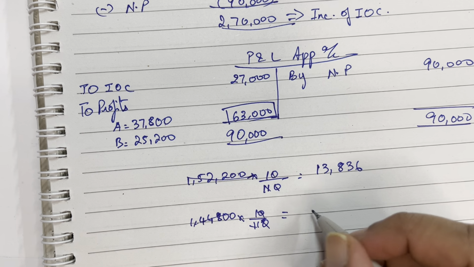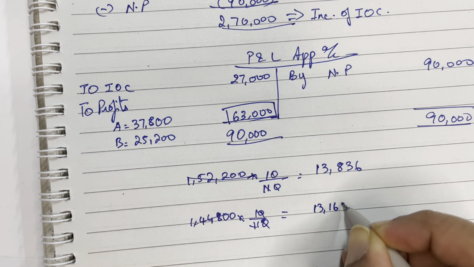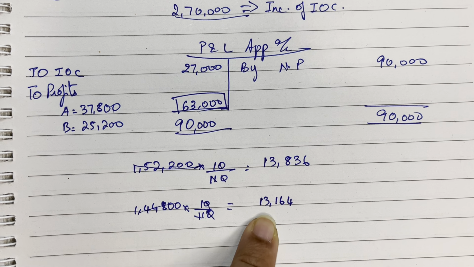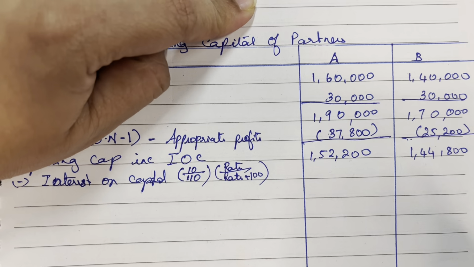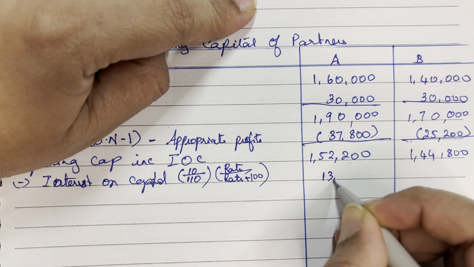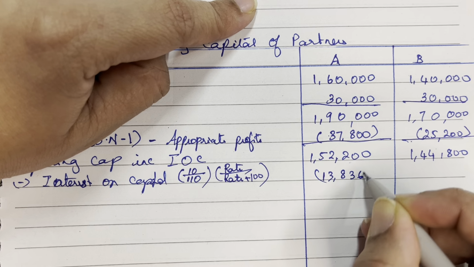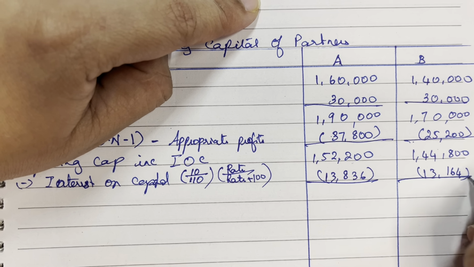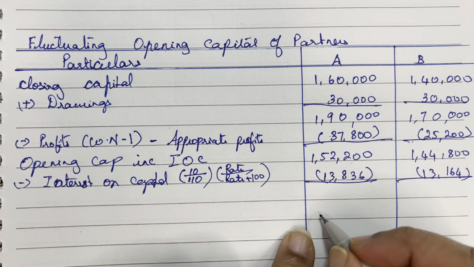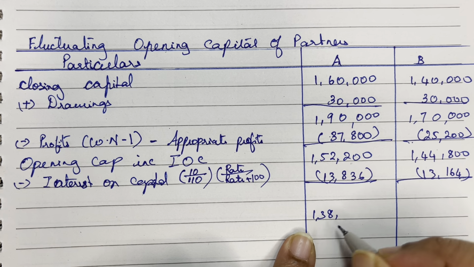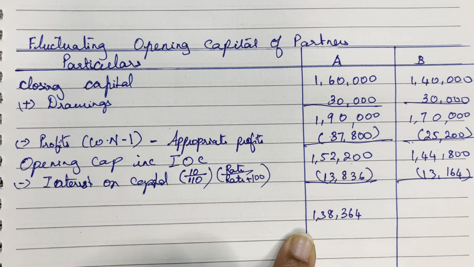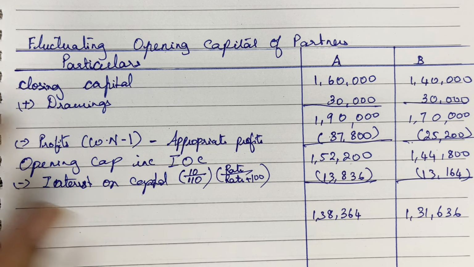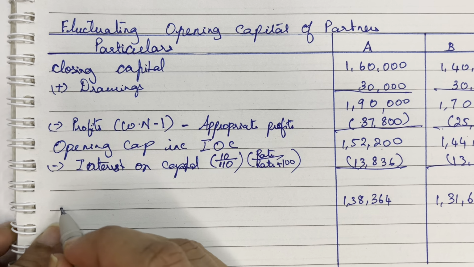Then if we divide, we'll get 13,164. This is our actual interest on capital. Now these amounts, we'll bring down: 13,836 to be subtracted and 13,164 to be subtracted. When we subtract, we get 1,38,364 and 1,31,636. This is our actual opening capital.